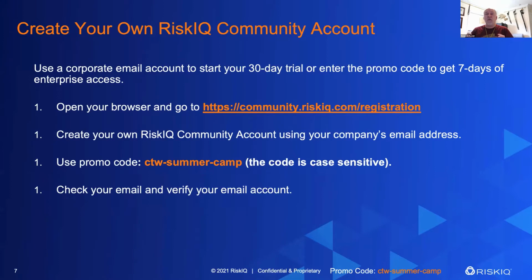But if you want to activate the promo code, that will give you access to one particular attack surface that we're going to be using today, and I'll give you a link so you can see it. Just think of it, if it's not your attack surface, it's a third party. That could be a supplier, a partner, or another organization that you want to see that type of data for, and that's available in Illuminate.